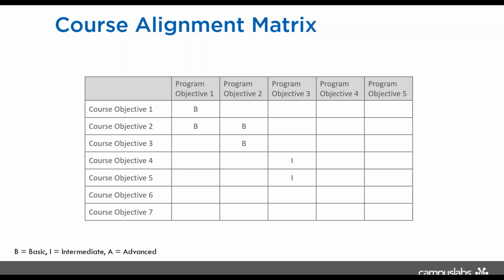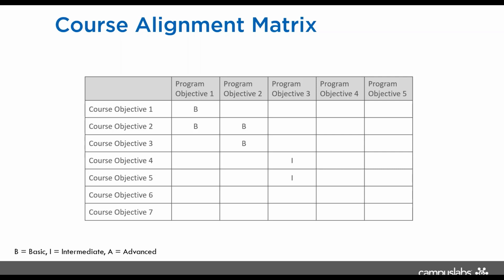First, program objective 4 and program objective 5 are not addressed by this course. And again, that might be okay. Let's look at the map. So we have the outcomes are basic and intermediate. So not every course, again, has to address every program outcome, but this is a view of one course. And so this might be okay that it's not touching on program objective 4 and 5.